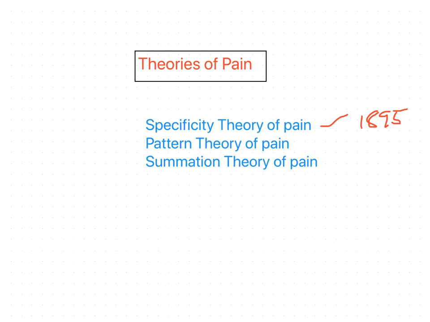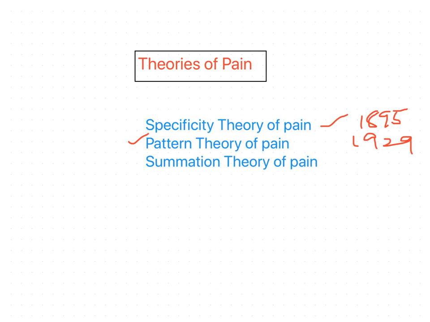If you see the pattern theory, this was proposed by John Paul Nafe in 1929. In this theory, he suggests that the nerves involved in detecting pain also detect other sensations.